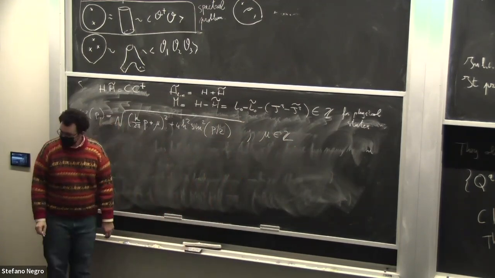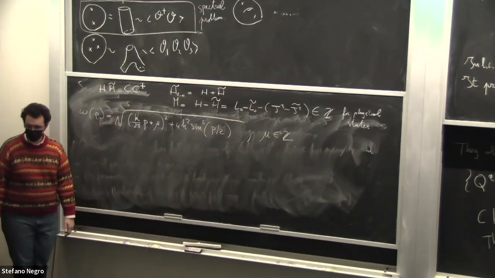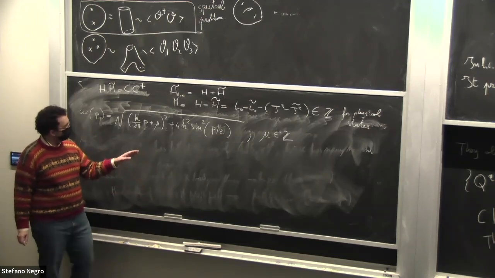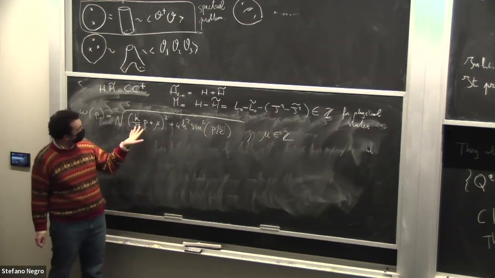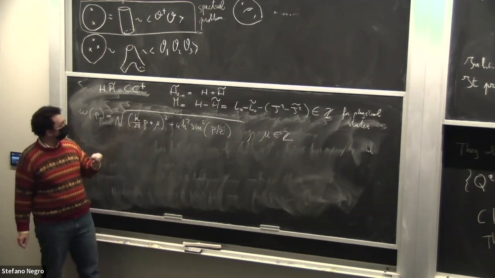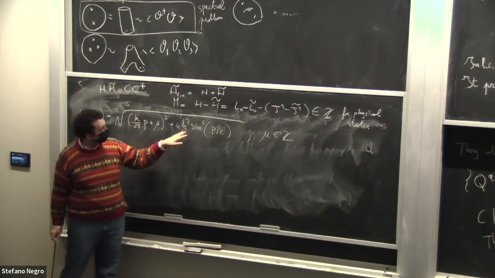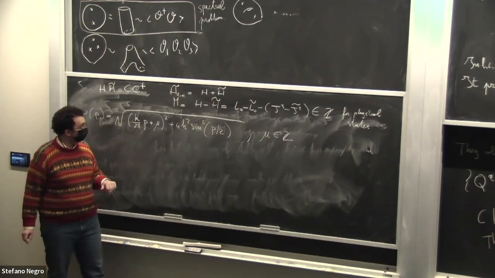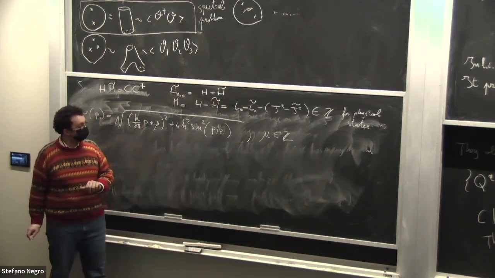This dispersion relation is what for a relativistic theory would be the square root of p squared plus m squared. And here you see that you have this piece that looks a little bit like the mass, but it depends on the momentum as long as k is non-zero. Whereas here you have this piece, which is a periodic function, and it appears when h is non-zero.